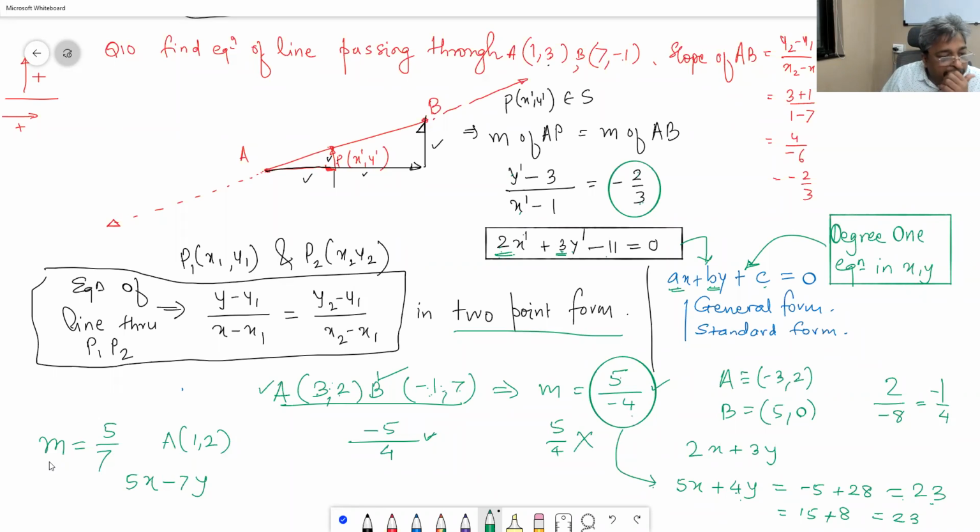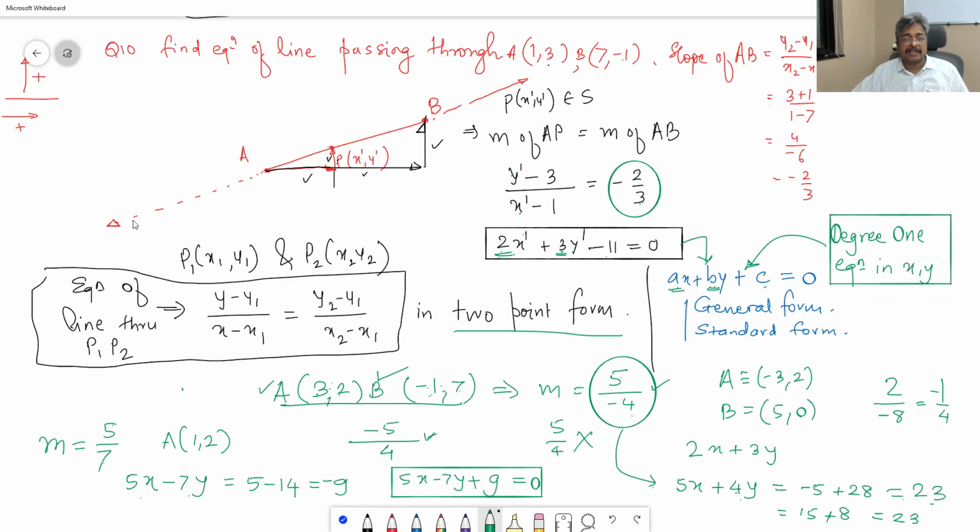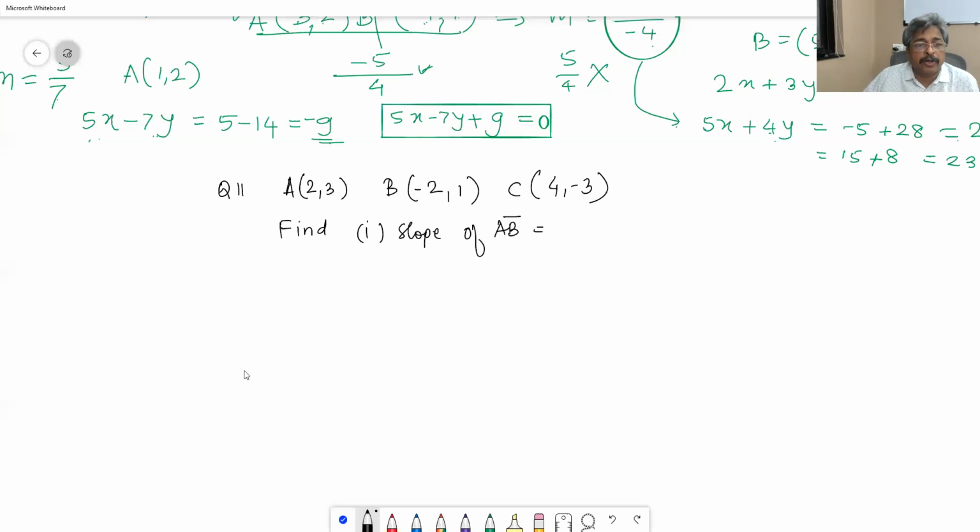So if the slope is 5 by 7, then 5x minus 7y is equal to 5 minus 14 is equal to minus 9. So 5x minus 7y plus 9 is equal to 0. And of course 1 comma 2 will be satisfied by this line. No issue. I am telling you too many things. It is there on the board. You just digest it.